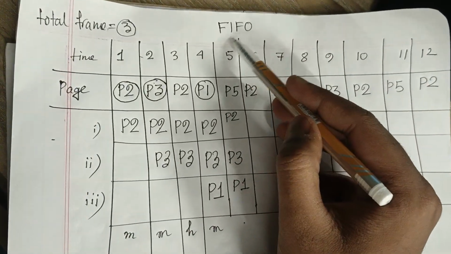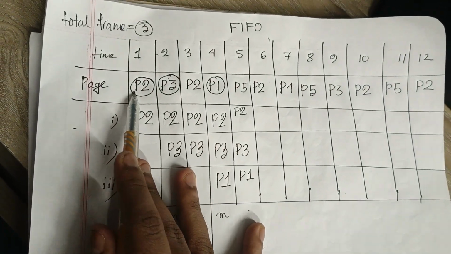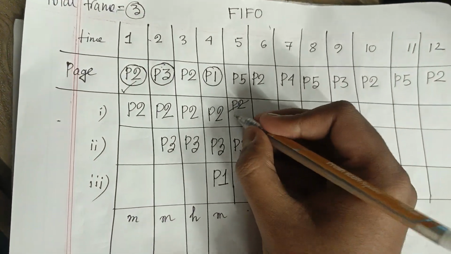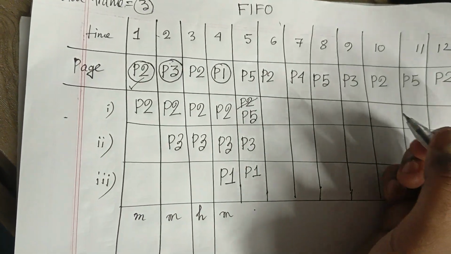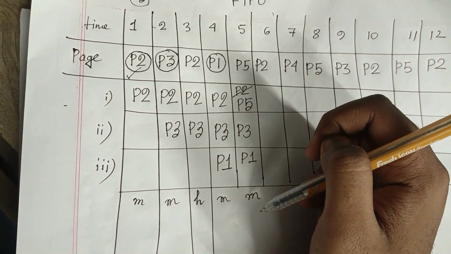As this is first in first out, who was first, marked? P2, right? So let's mark it. So P2 is removed and P5 sits here. This was a miss, because P5 did not exist here, right?